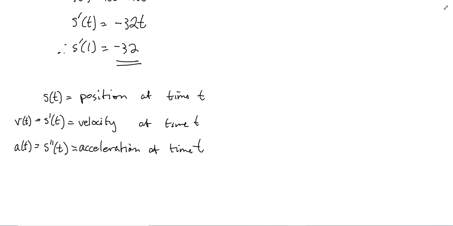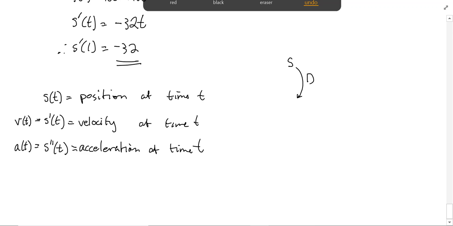I don't want to do anything else with this at this point, but next week when we come back together, we will talk about integration as the inverse of differentiation, as you guys know. And so what we'll see is the following pattern: if we start with position and differentiate, I'll use a capital D maybe, for differentiate, that brings us down to velocity.